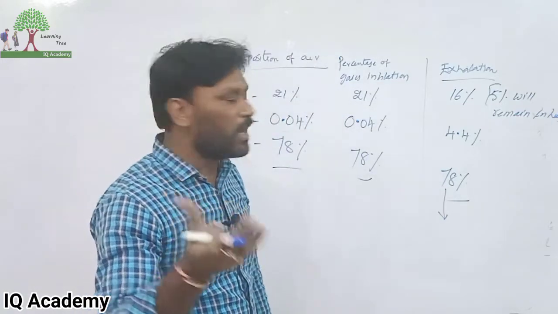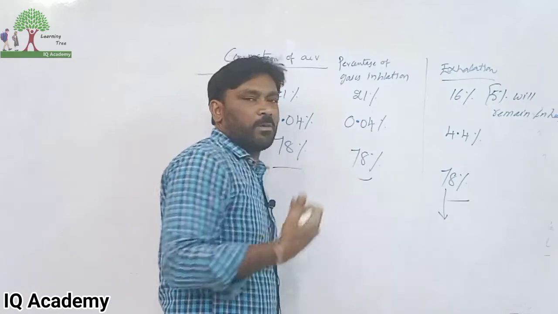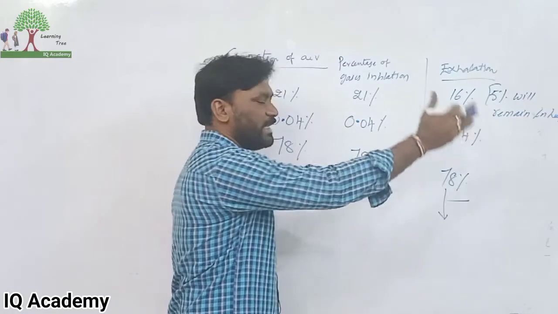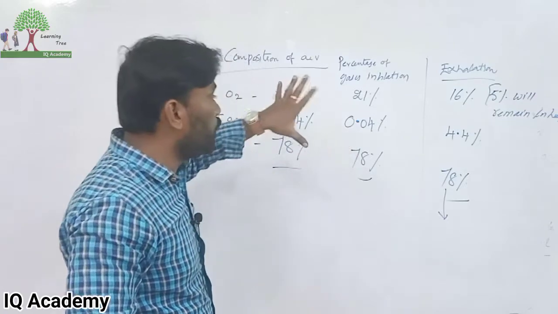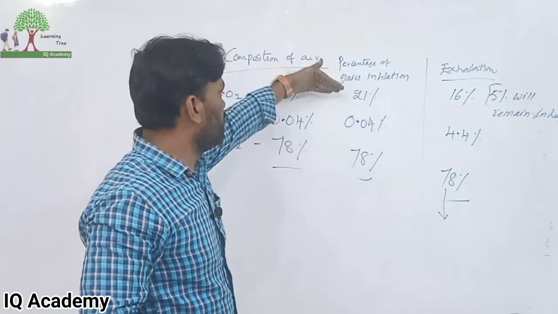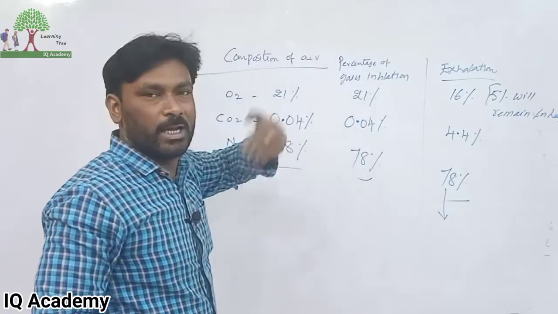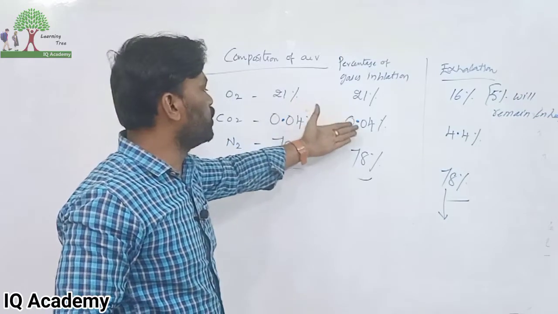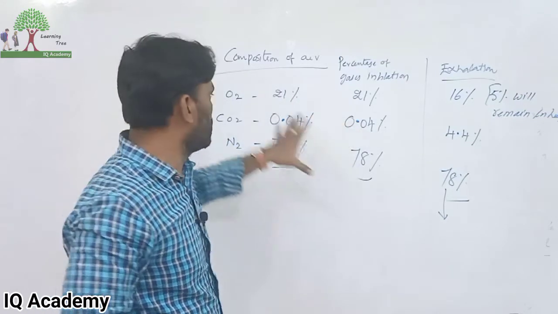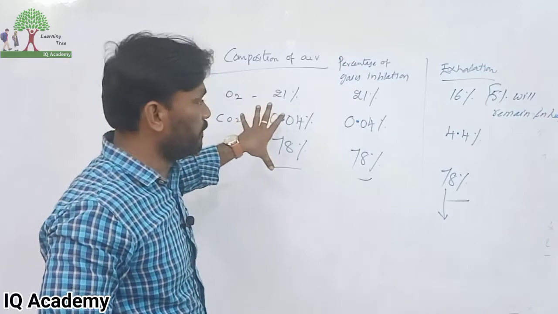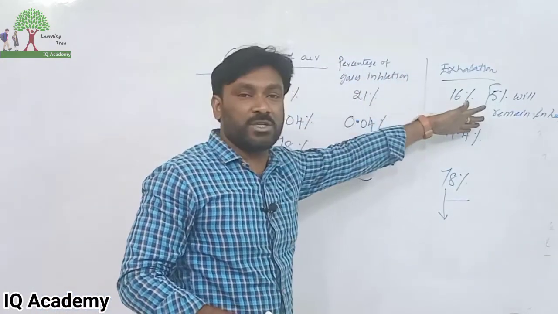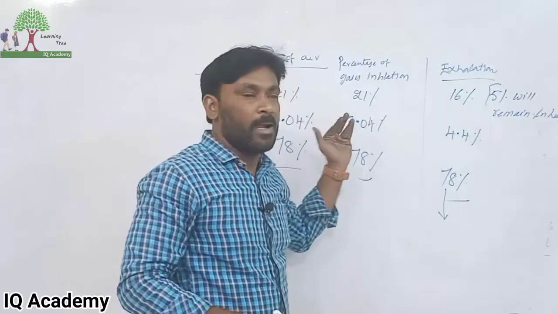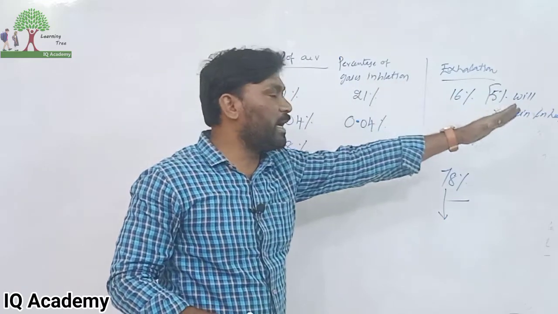There is no role of nitrogen to our body, so we are exhaling 78%. It is the composition of gases. 21% we inhale, 0.04%, 78% as it is present in the air. And exhalation differs. 16% oxygen we are exhaling, remaining 5% will remain in the lungs.